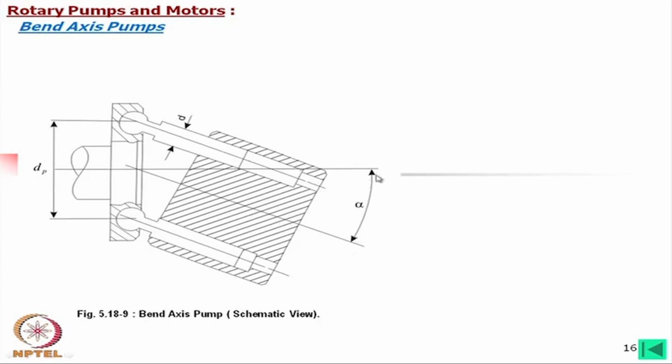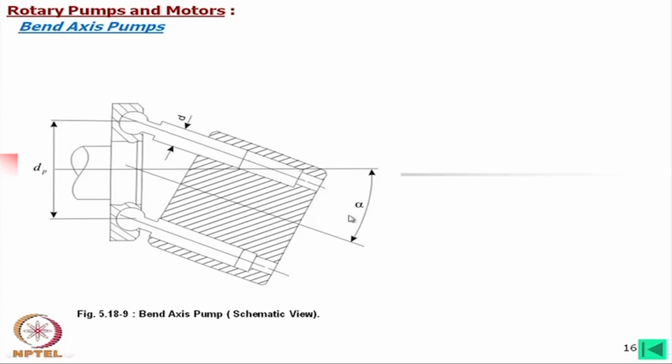In a bent axis pump, this alpha angle can be made as high as 45 degrees, and for the same size, that means barrel size and piston size, if alpha increases to 45 degrees, definitely tan 45 degrees means the total displacement, the stroke length, will increase. So from the same size of barrel we will find more displacement of oil. So the capacity of such a pump will be higher.